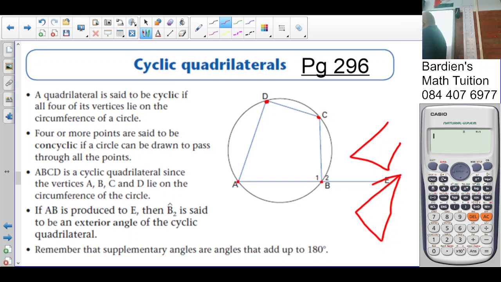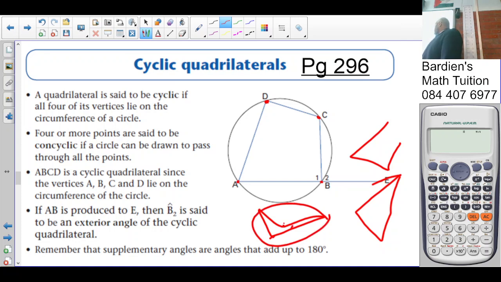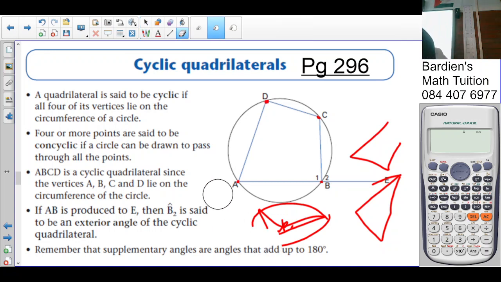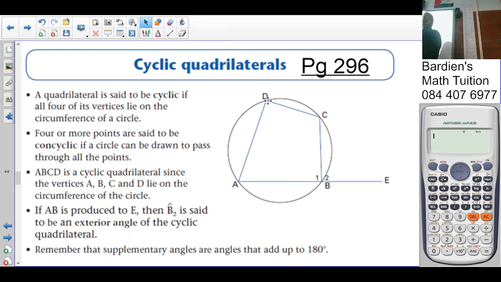Or if it goes in, 1, 2, 3, 4. Can you draw a circle through all 4 points? No. So is every quadrilateral concyclic? No. Not every quadrilateral can have a circle drawn through its vertices. It's only certain quadrilaterals where that can happen.